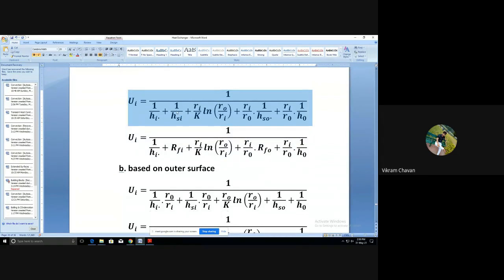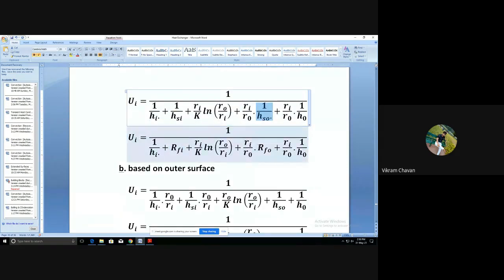So here you are getting 1 divided by h_si, that is the fouling factor on the inner surface, so instead of that you can write R_Fi. And here you are getting 1 divided by h_so, which is nothing but the fouling factor on the outer surface, so instead of that you can write R_Fo.